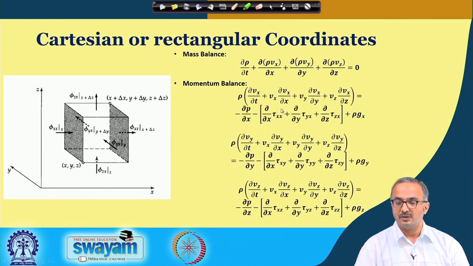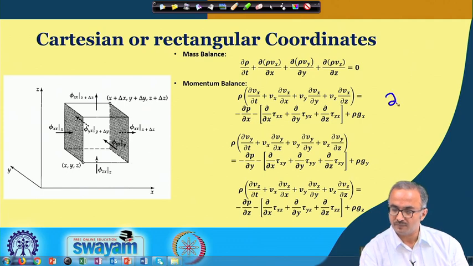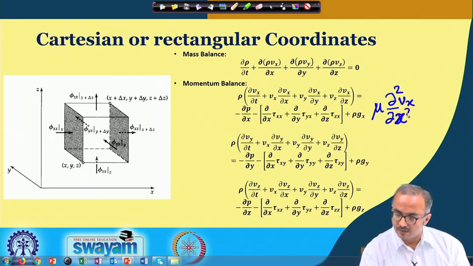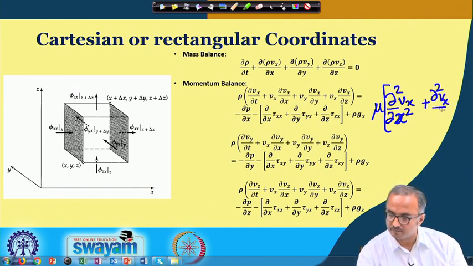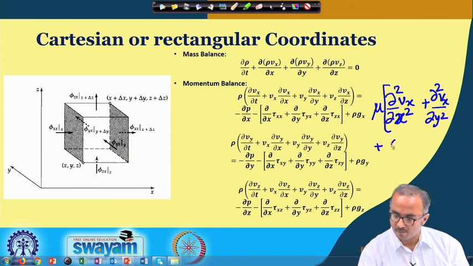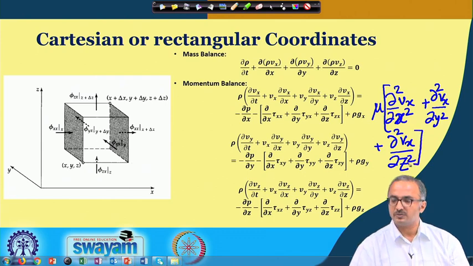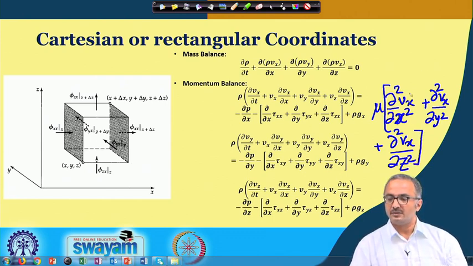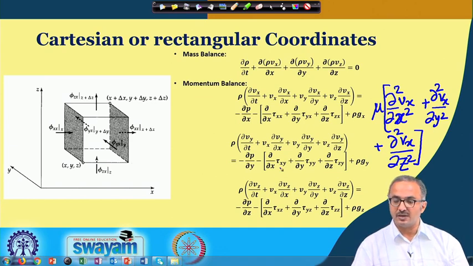If you talk of a Newtonian fluid, this will give rise to this kind of expression with mu. Similar things you can write for the y direction and also for the z direction. So, this is a special case.